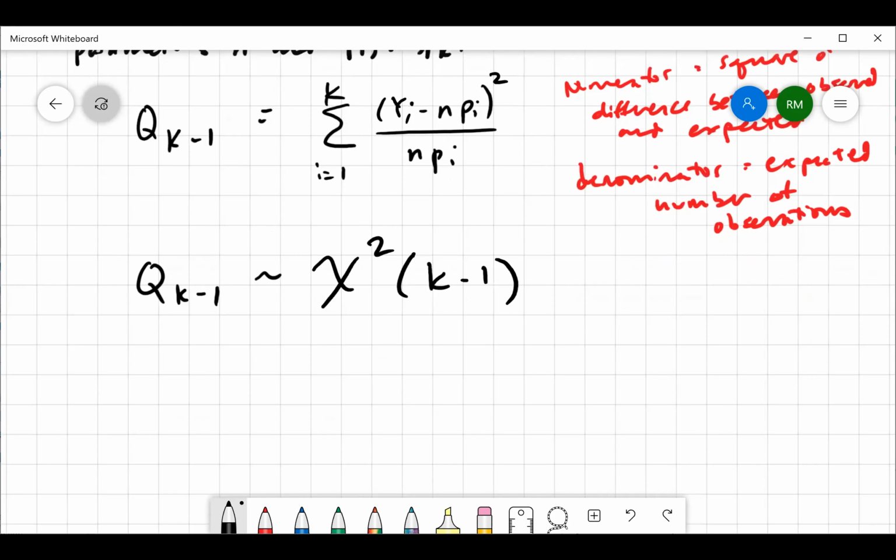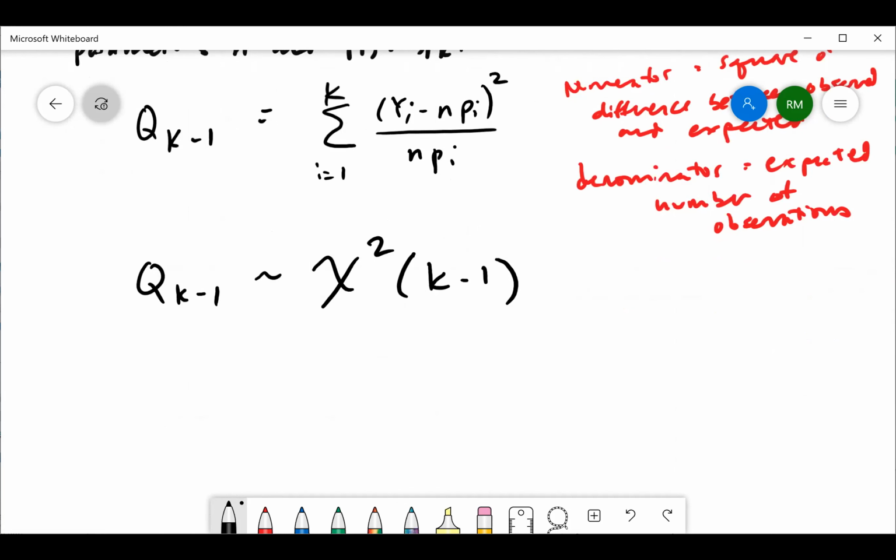So the question is, when can we use this approximation? You can definitely use it if n times pi is bigger than or equal to 5 for all i. That's not the only time you can use it, though.